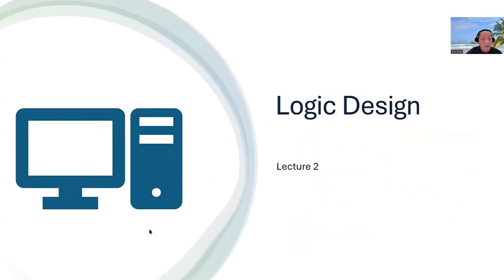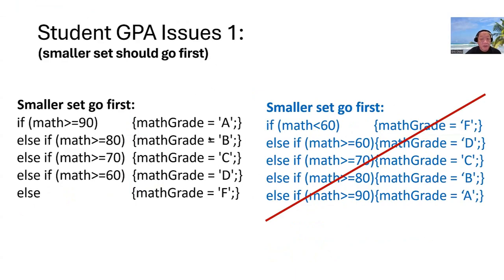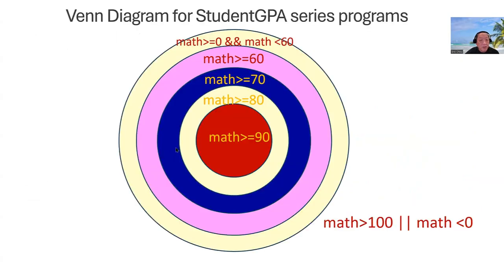Okay, then let's go back to the logic design. So the GPA course problem: you can say if m is greater or equal to 90, you get grade equals A, greater or equal to 80, you say B, okay, and then C, D, F. But you cannot say less than 60 equals F. These two are not equivalent. Because m greater than 90 is this portion, it says A, that is fine. Else this portion is B, that is fine, okay?